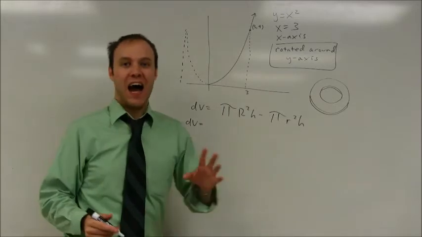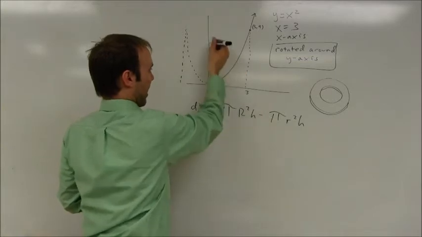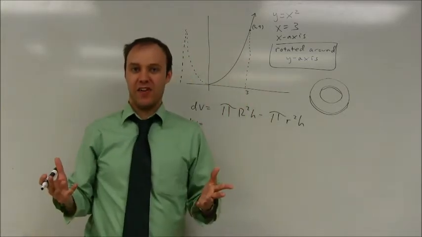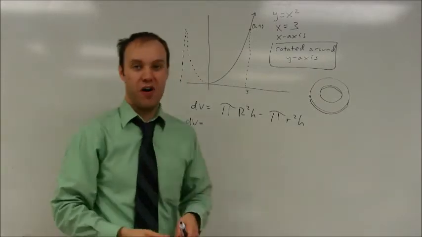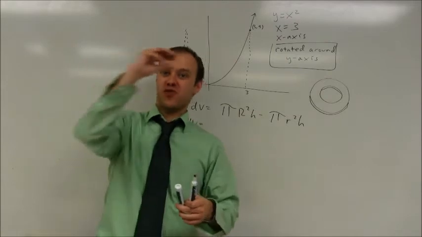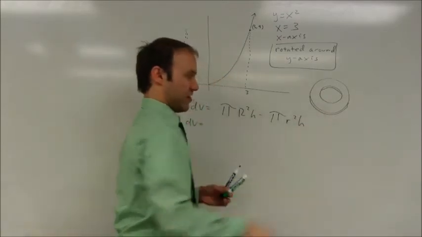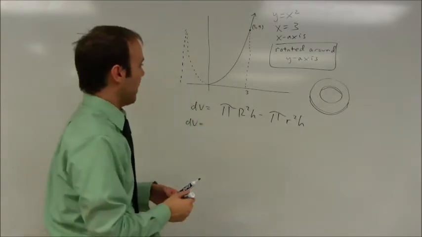Now, I am no longer going to try to draw cylinders here because I've got to have an outer cylinder and an inner cylinder, and it just gets very complicated to draw. I'm going to go with Forrester's approach, which is to draw the strip. That strip gets spun to create the cylinders that create these washers, which is why a lot of books call this the washer method.